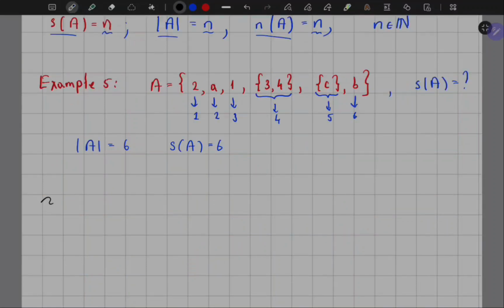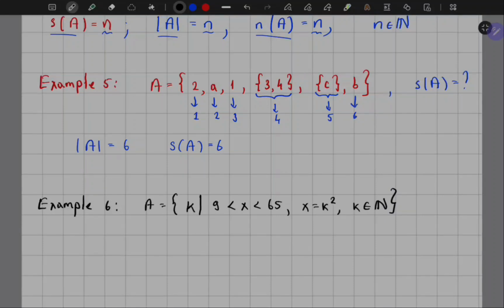Let's write another example. Here we are given a set A which contains k's such that k squared equals x, where k is a natural number, and x is between 9 and 65. So we are looking for the number of elements of set A. In other words, we are looking for the value of s(A). This set represents perfect squares between 9 and 65.